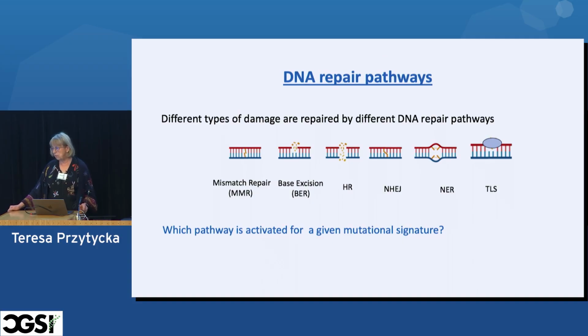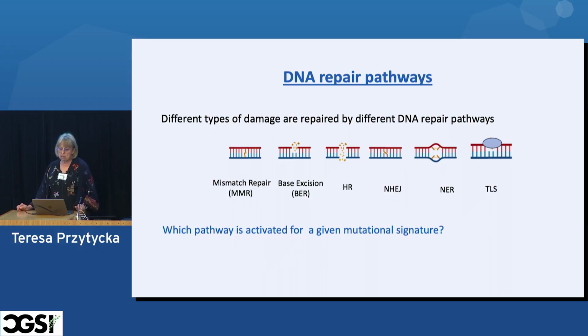So just briefly, there are many known DNA repair pathways. They usually are specific to particular types of damage. For example, the one most to the right is the mismatch repair pathway that allows fixing mismatches, and then, without going into details, various types of damage activate various types of DNA repair pathways.